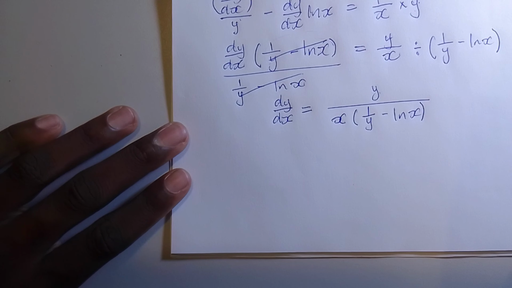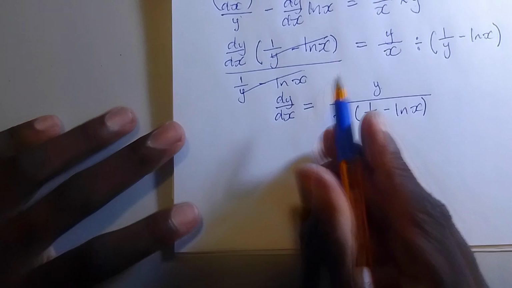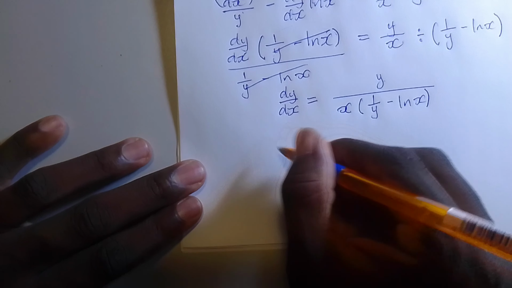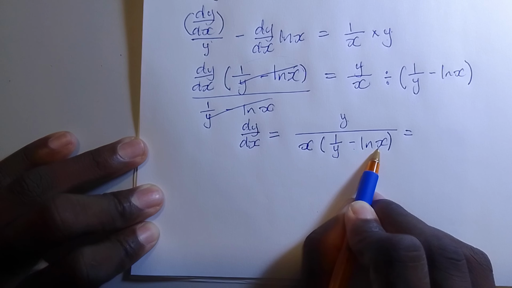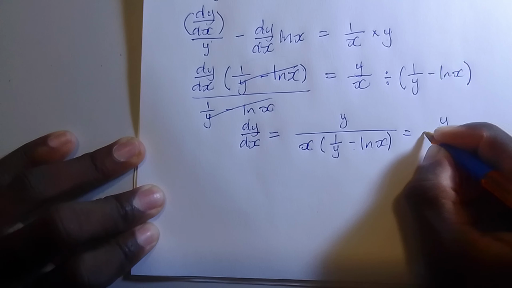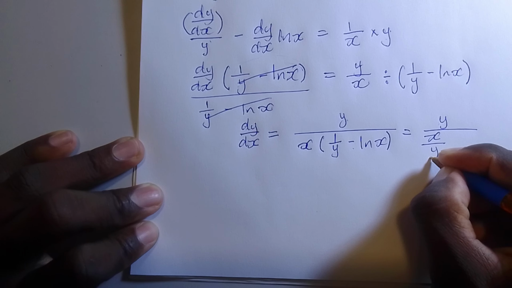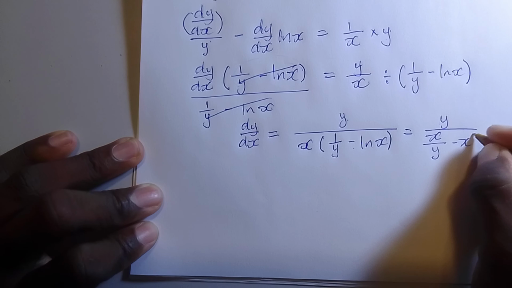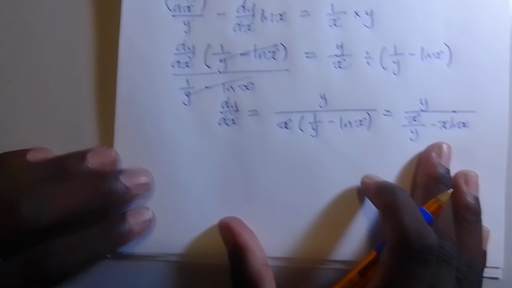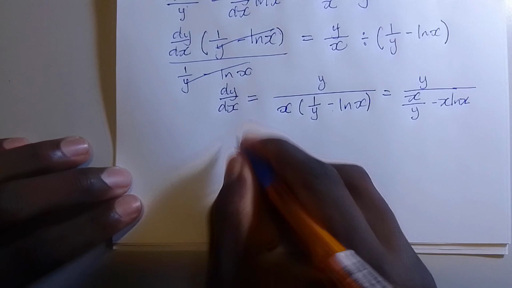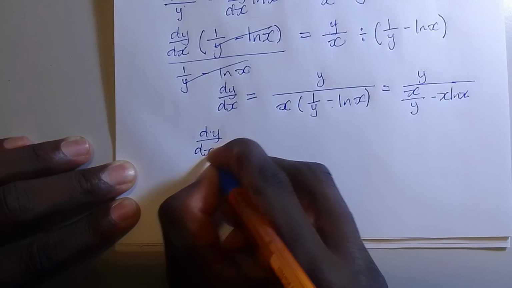The next step now is to try to simplify so that we can substitute the original function y back into this. So what I'm going to do now is multiply through by x. I have y over x divided by y minus x ln x. Next step is dy on dx.